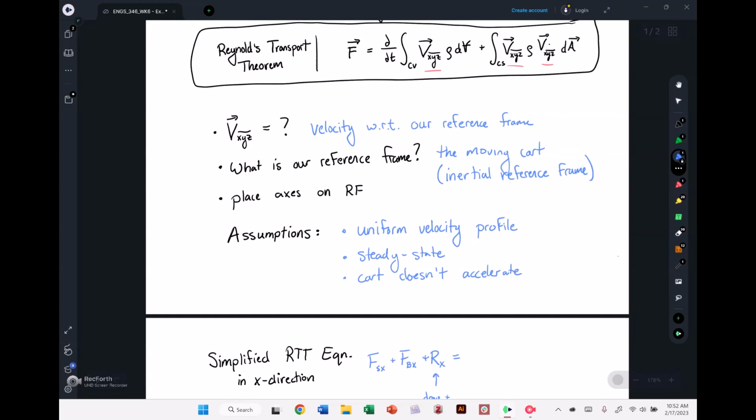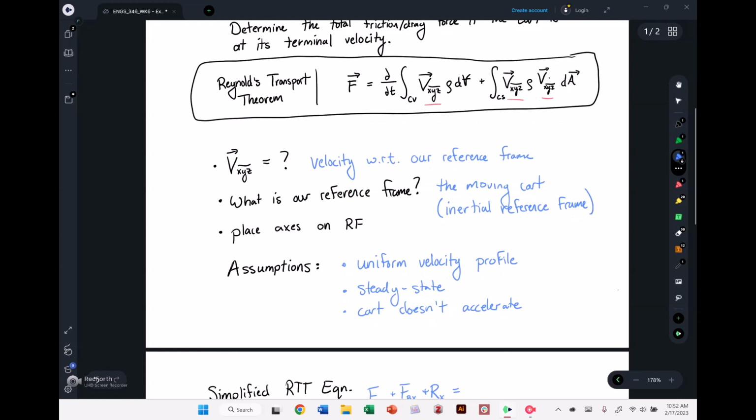If we have a uniform velocity profile in steady state, steady state is going to cross out this part. The time derivative is going to be 0 because things are not changing with time. The steady state is going to turn this integral into a sum.